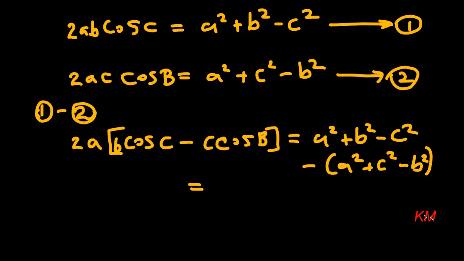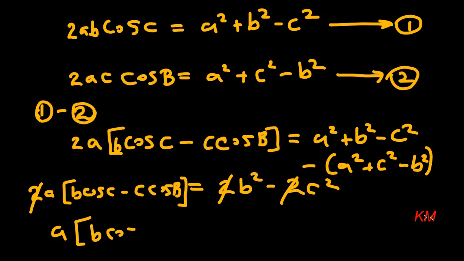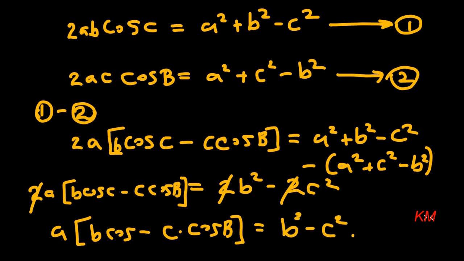When we simplify this, our right hand side is 2b square minus 2c square, and our left side should be 2a(b cos C minus c cos B), and we can remove the number 2, and this is our answer. a(b cos C minus c cos B) equals b square minus c square. This is our answer.